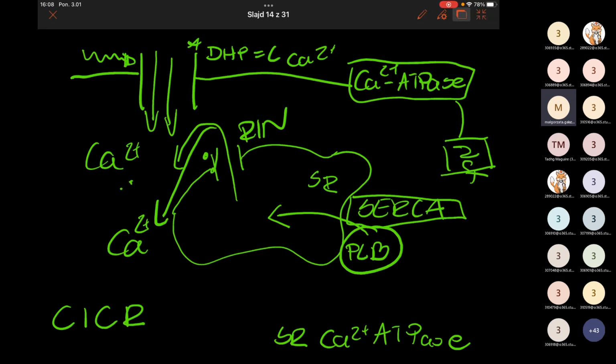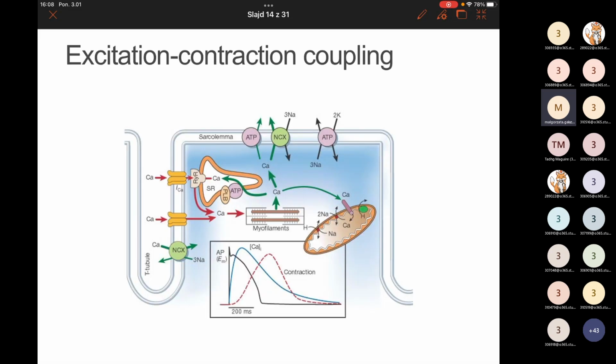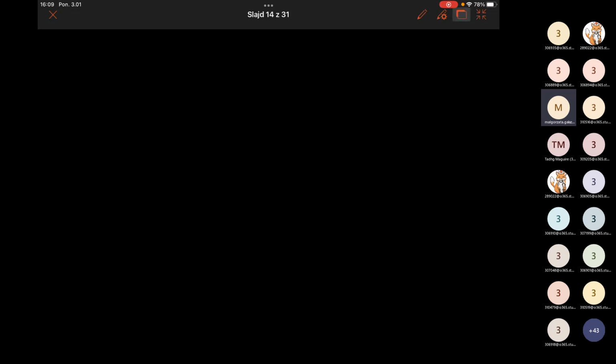Why did I say that they could be removed by the sodium calcium exchanger and not that they were removed? The sodium calcium exchanger is a molecule which uses the electrochemical gradient for sodium ions as a driving force.